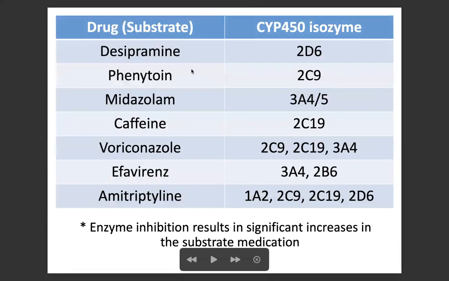So we have the substrate, despyramine, iyahang enzyme is CYP2D6, your isozyme. Phenytoin, C2C9, midazolam, caffeine, voriconazole, efavirenz, and amitriptyline. Muna siya ang mga particular enzymes.